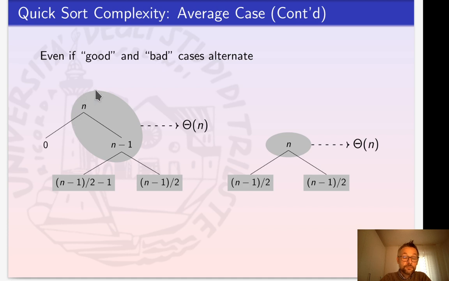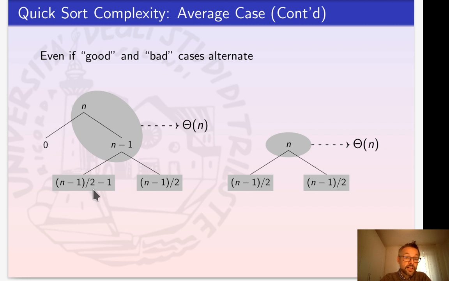But if I sum up, in a weird way, the cost of the partition for this level and this level, I end up with a cost which is of course theta of n, because it's twice n minus 1, and this branch doesn't matter because it's empty.